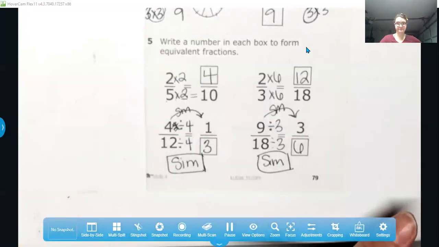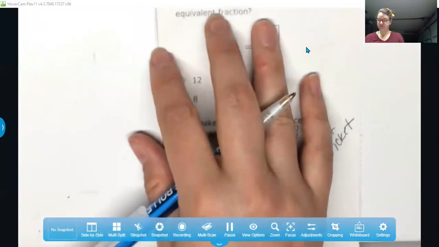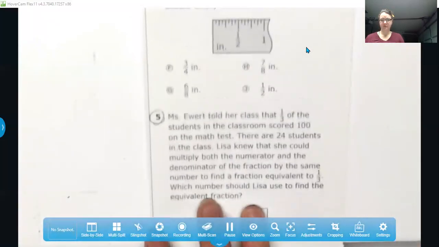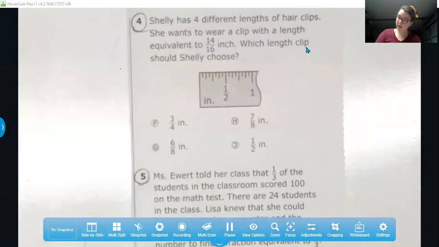All right, let's do 2 more and then I got an exit ticket for you. Let's move this. Shirley has 4 different lengths of hair clips.